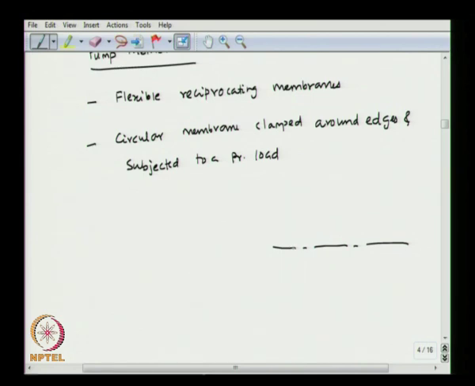So, we would have the pump membrane which is clamped around the perimeter, and this would be the maximum deflection y0, and at any r, let us call the deflection yr, where r is the radial position and the capital R is the radius of the membrane.